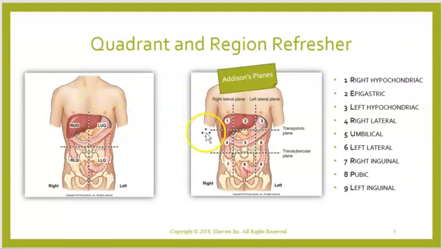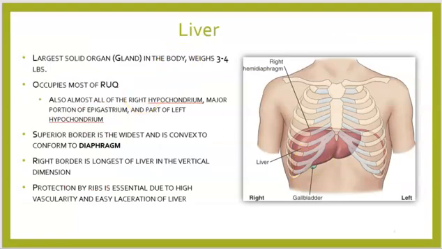Just a reminder of quadrants. We have our right and left upper quadrant, which basically consists of the right and left sides of the abdominal cavity, and then the right and left lower quadrants, which basically consist of the right and left sides of the pelvic cavity. The liver takes up the majority of the right upper quadrant and a little of the left upper, and it's housed over here.